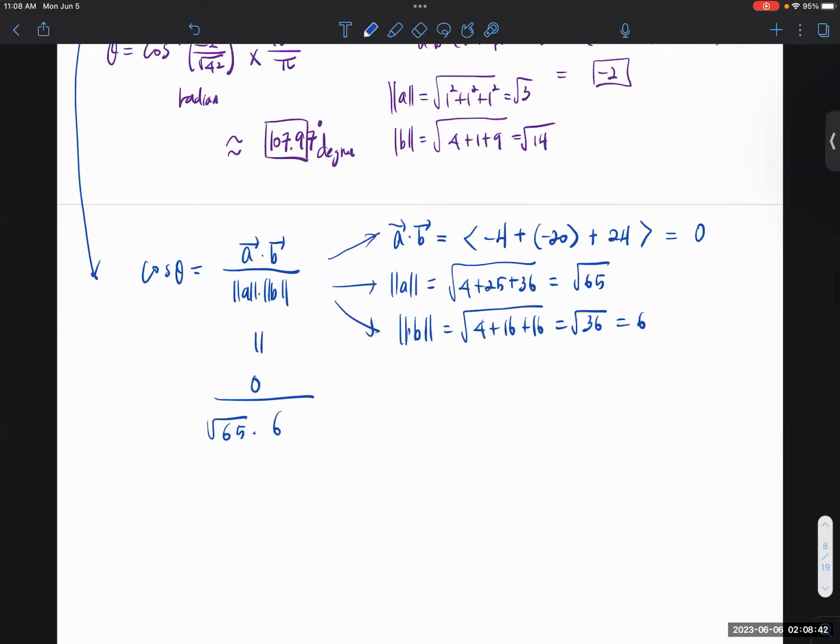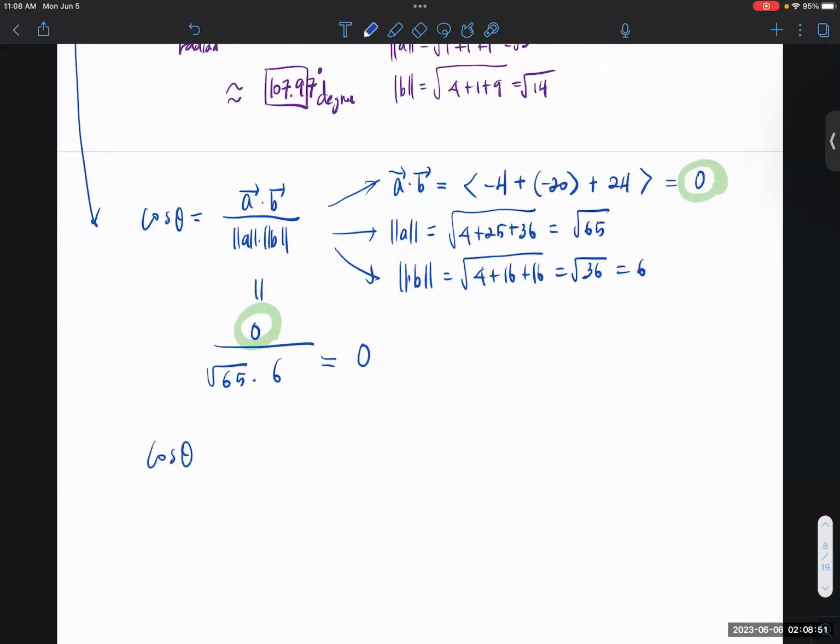So what happened? If the numerator is a 0, always the fraction is going to be 0. So what does it mean? We found out cosine theta is a 0. Theta is going to be cosine inverse 0. So if you remember, cosine inverse 0 is pi over 2, theta is going to be pi over 2.